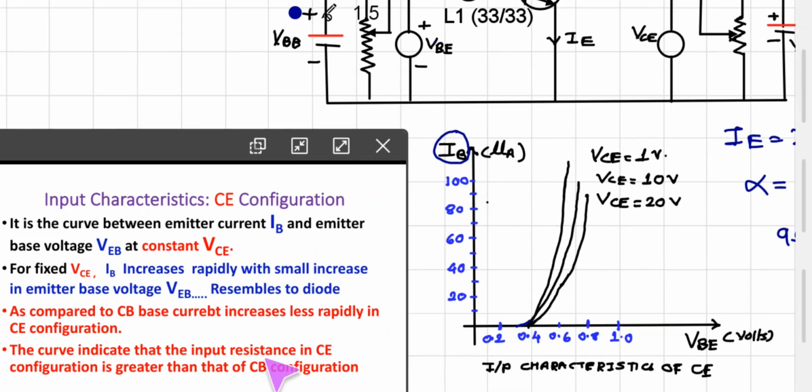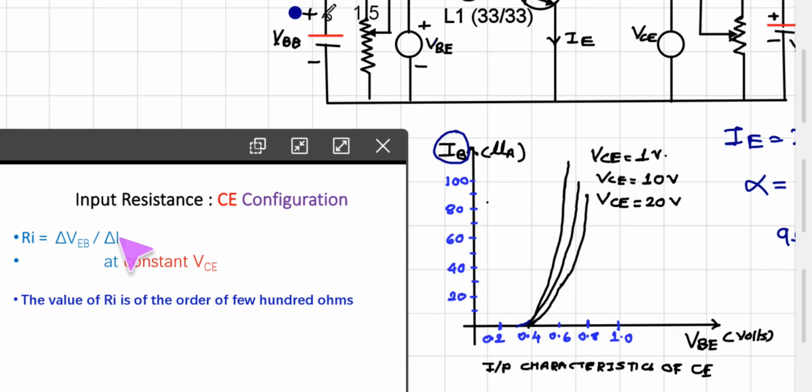The curve indicates that input resistance in common emitter configuration is greater than in common base configuration. So input resistance Ri is equal to delta VBE upon delta IB at constant VCE, that we saw, and the value of Ri is of the order of a few hundred ohms.